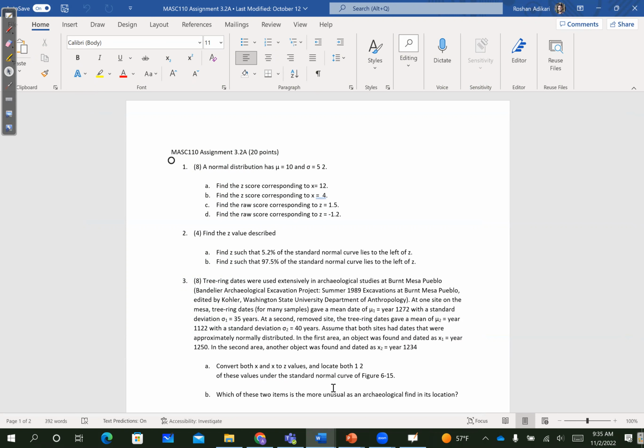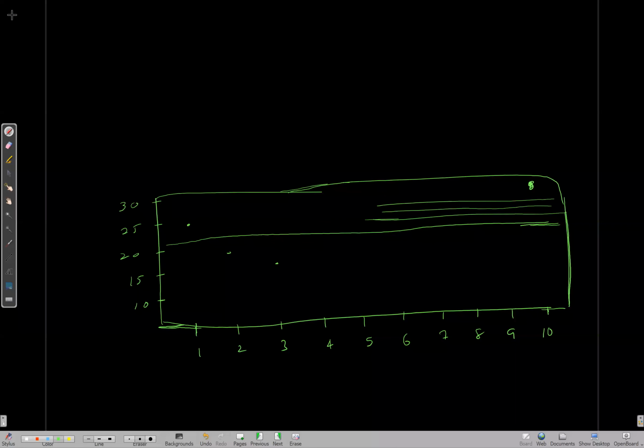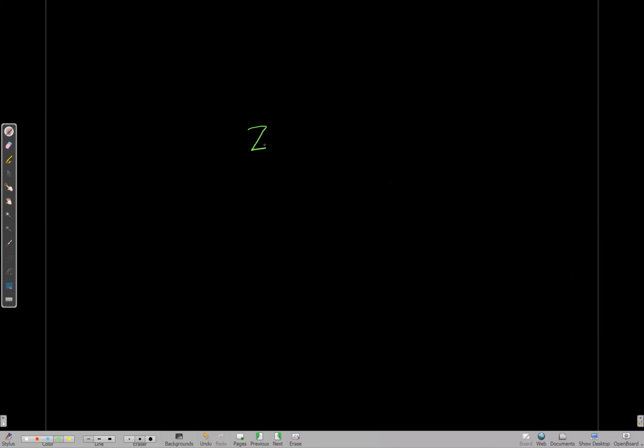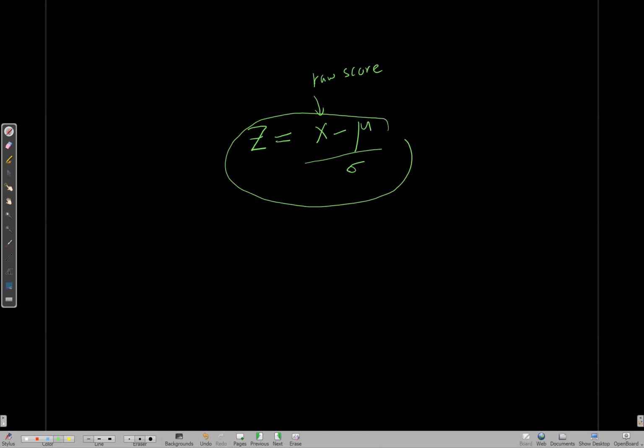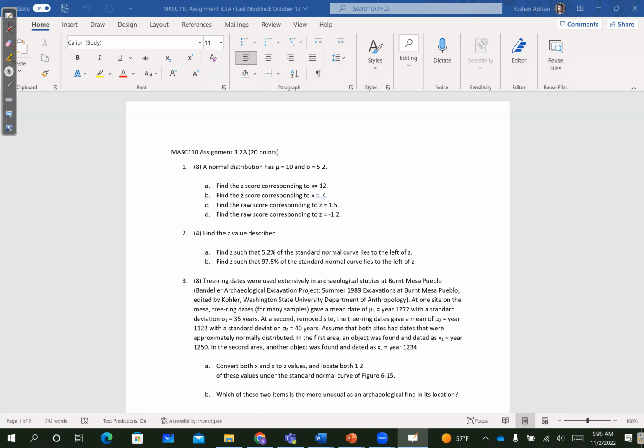Now to find z-scores, well, I think I already explained this. So the relation between z-score and raw score. So this is z-score, the letter Z. This is raw score. X minus mu divided by standard deviation. So it's straightforward. In part A and B, you have to find z-score.